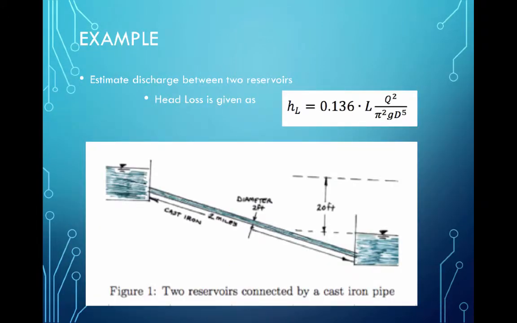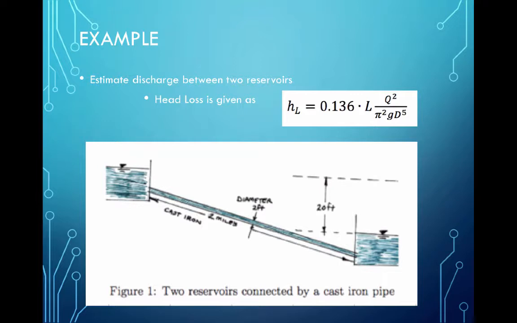Okay, as an example, here's a fairly common problem. They had this, I think, in fluid mechanics. This is a case where we have two reservoirs that are connected by a pipe. We have the known change in pool elevation, and in this case, the goal is to estimate the discharge between the two reservoirs.